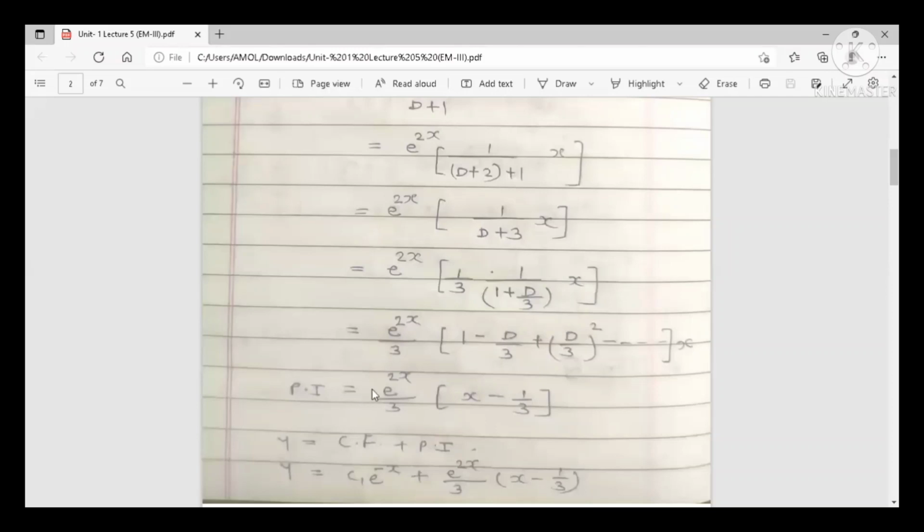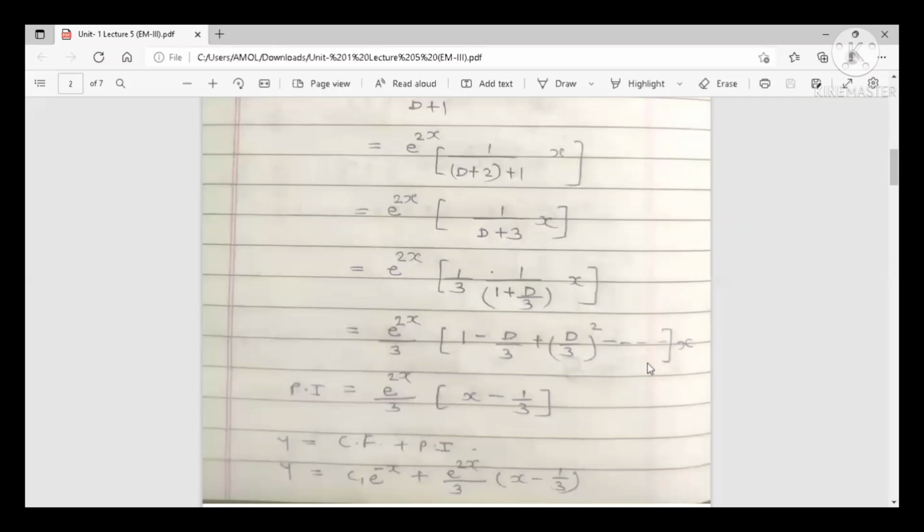So the next step: yp is equal to e raised to 2x by 3 as it is. In bracket, you count the terms up to D, meaning you consider only the first two terms, 1 minus D by 3, because from the third term you are getting 0. D by 3 whole square means D square by 9. D square means second derivative of x, and it is 0. Third derivative is 0. So you count only the first two terms.